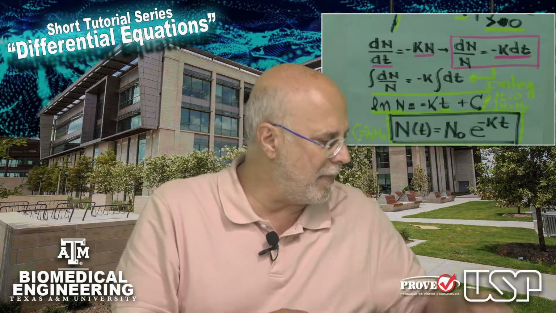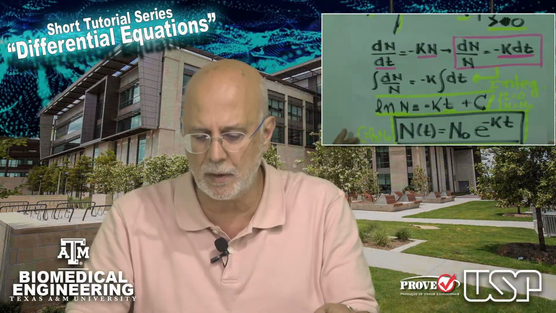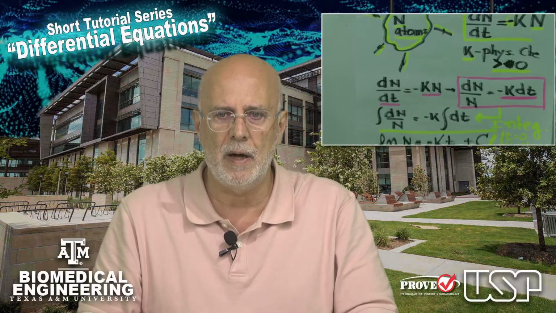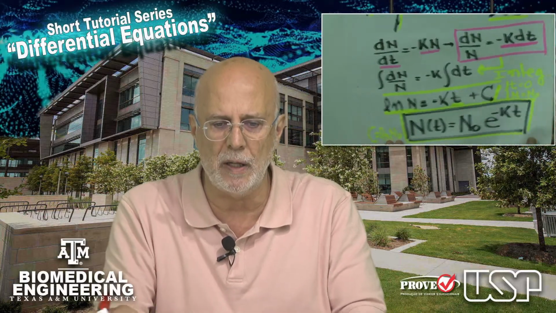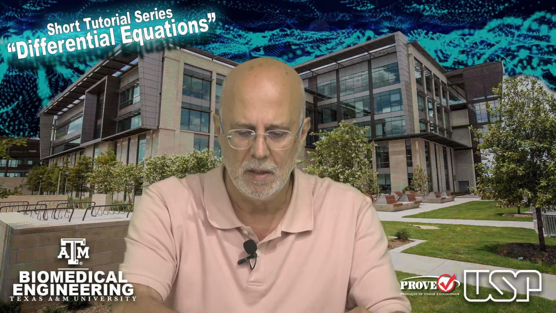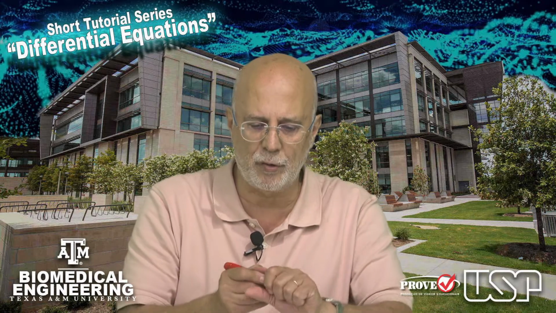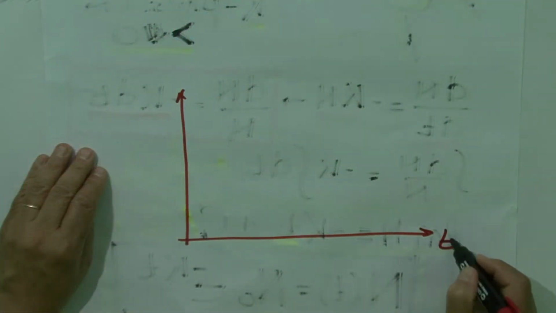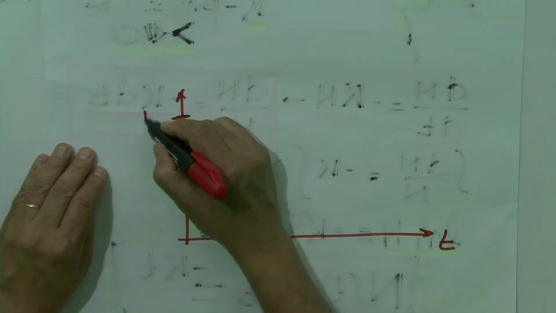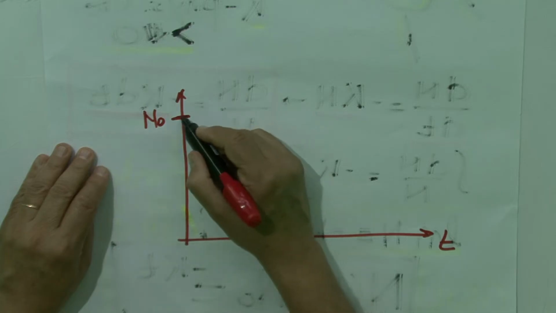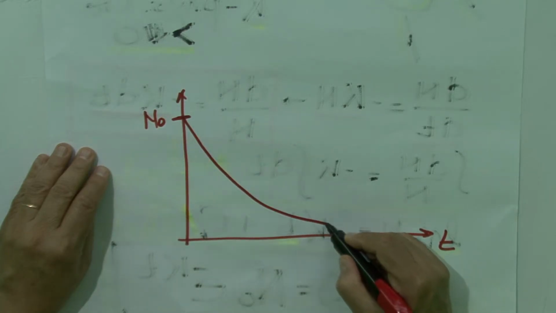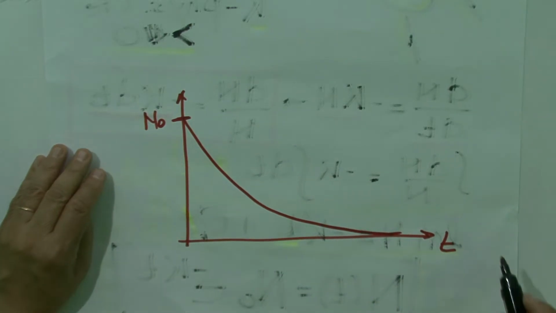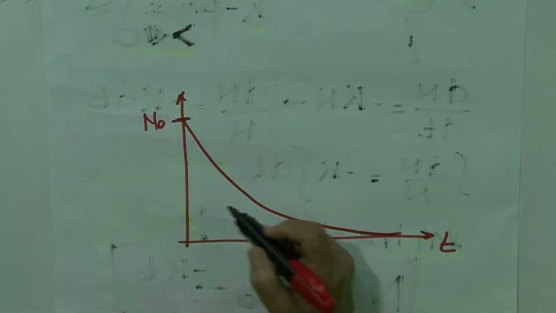So I start with the number. So if now I make a plot, what's going to happen here, right? I'm going to make a plot so you can understand. If I draw what's going to happen with the number of atoms as a function of time, it's going to start at some n0 and it's going to decay, and eventually it's going to go very close to 0.